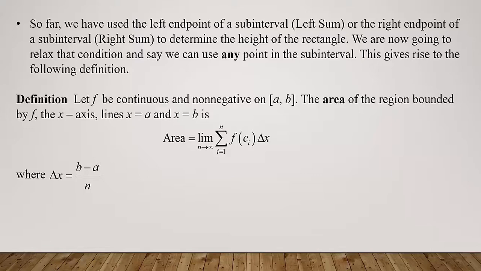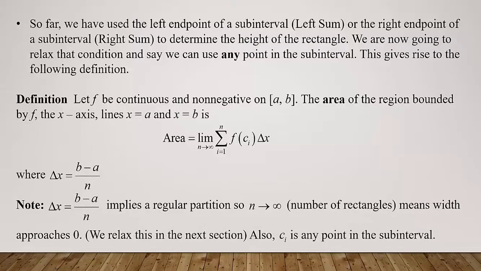So f of c sub i, remember, is telling us the height of a rectangle. Delta x is telling us the base of a rectangle. So when you do f of c sub i times delta x, that's giving you the area of a rectangle. Sigma means add it up. And I have some of that in a note down here.